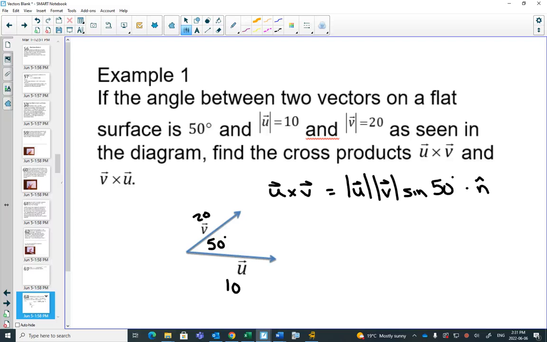And when we write this, we have to describe the direction of n. So n is either going into the paper or out of the paper. In this case, we're going v cross u. So if you think about turning your toothpaste that way, would it tighten? Yes. So if it would tighten, then it's going to go into the paper.